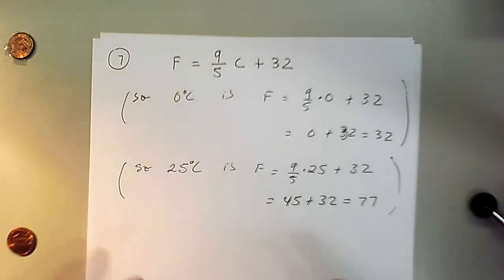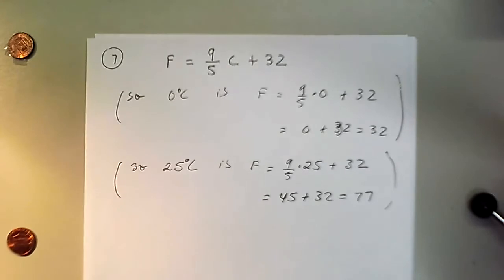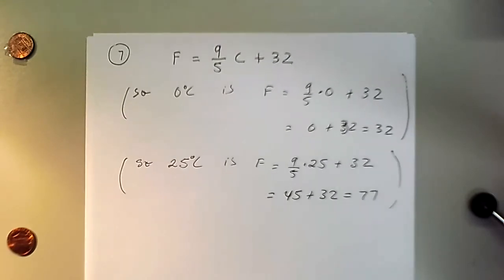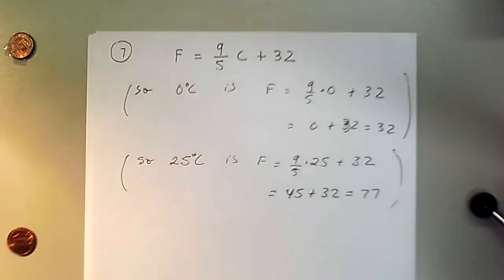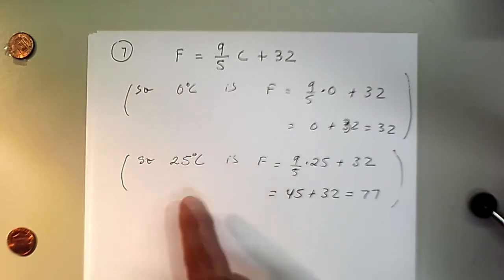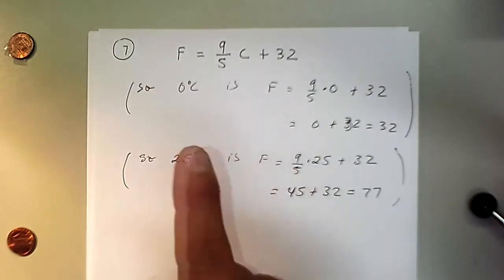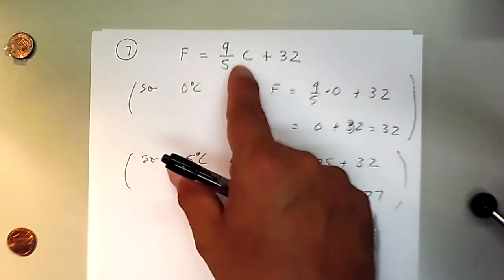Then how do I make the conversion back to my friend? My friend doesn't know Fahrenheit, only knows Celsius, and we know Fahrenheit, but we don't know Celsius. Now we can change from Celsius to Fahrenheit, but I need to convert the other way around. So that's when we need to solve this equation for C.